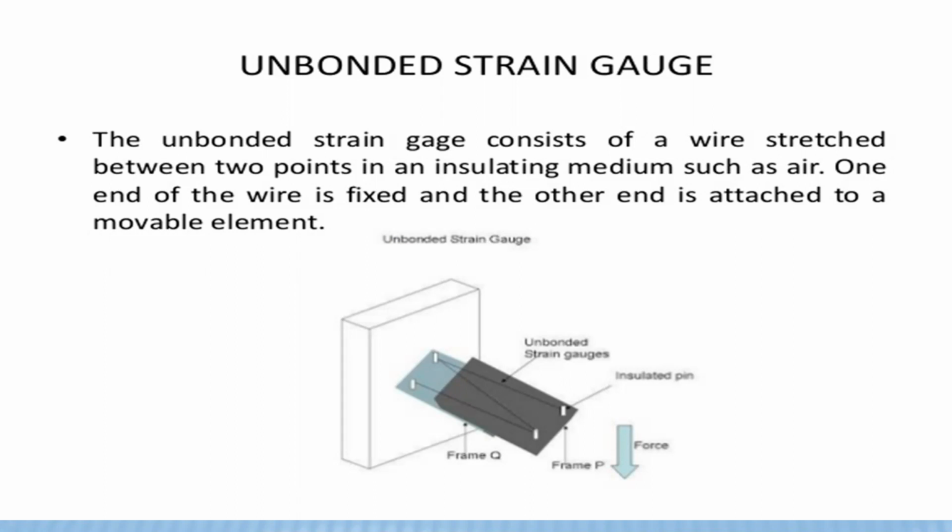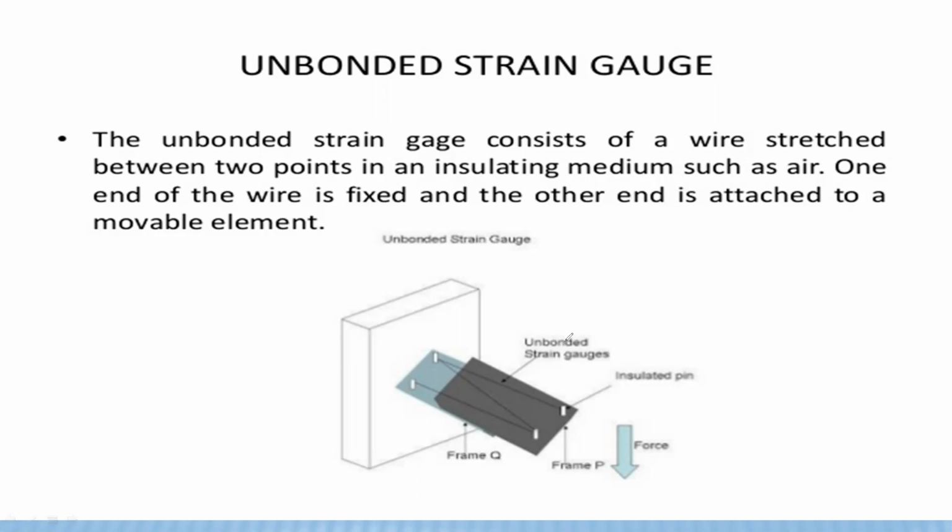You can see there are 2 points. The unbonded strain gauge consists of a wire stretched between 2 points, in an insulating medium such as air, and one end of the wire is fixed and the other end is attached to a mobile element.